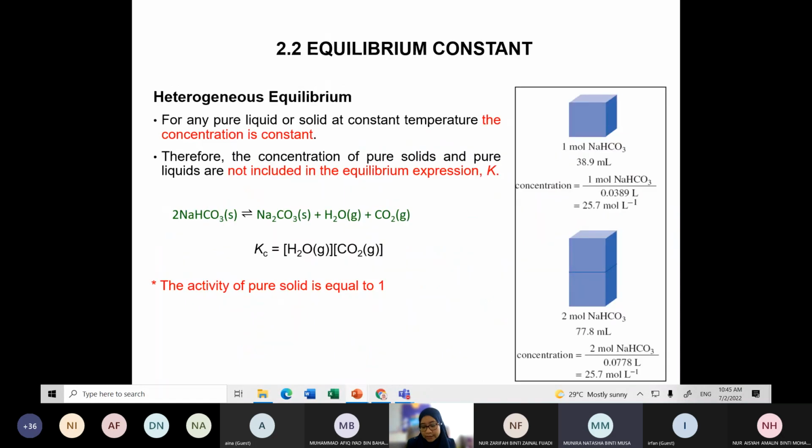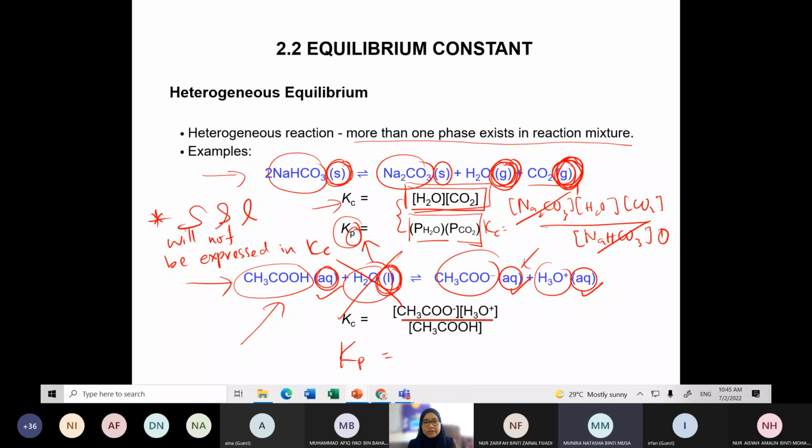Okay? Okay. This one yang saya mention tadi, yang solid tadi. Okay, for any pure liquid. So you may be wondering tadi kan, kenapa liquid tak masuk? Kenapa solid tak masuk? Tapi saya dah beritahu kan, it's because the concentration remain constant. Okay, concentration dia tak berubah.